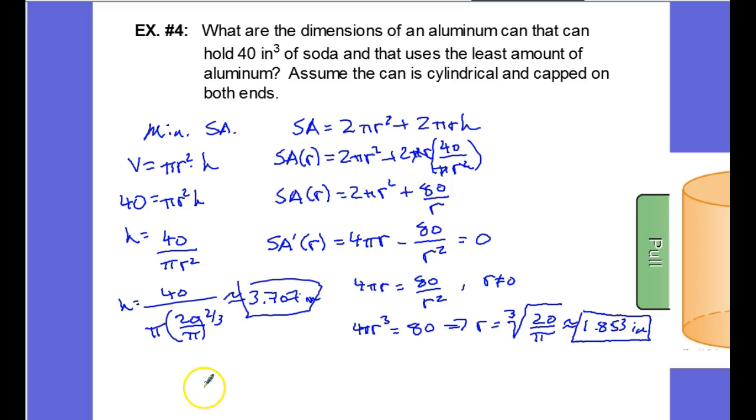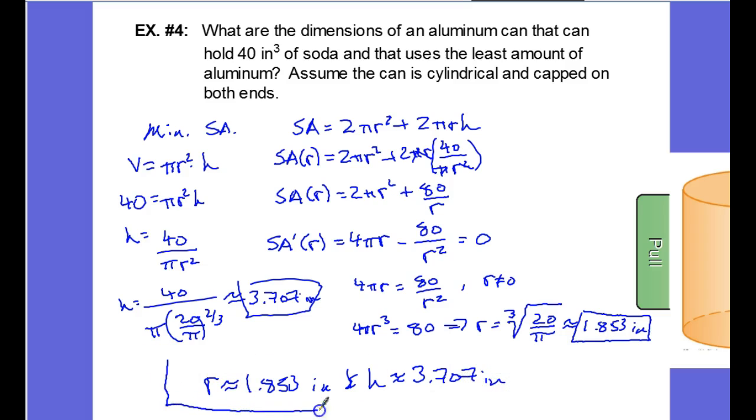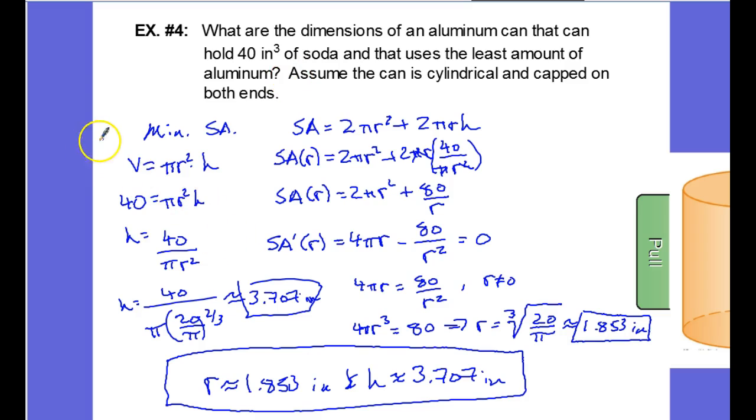And so we have our radius, approximately 1.853 inches, and our height, approximately 3.707 inches. And this will give us the desired volume of 40 cubic inches with the least amount of aluminum possible.